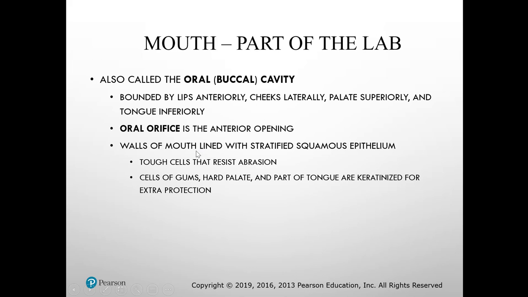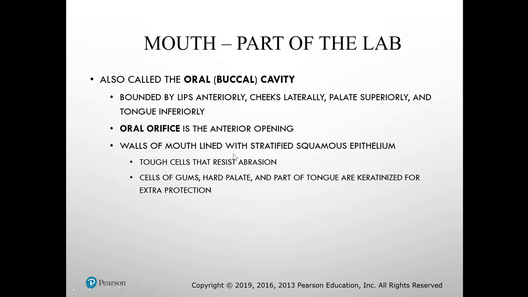And all in all, they are in a cavity which you call the oral cavity or the buccal cavity. They're bounded by the lips, by the cheeks, by the palate superiorly, and by the tongue inferiorly. And the anterior opening is what's called the oral orifice.